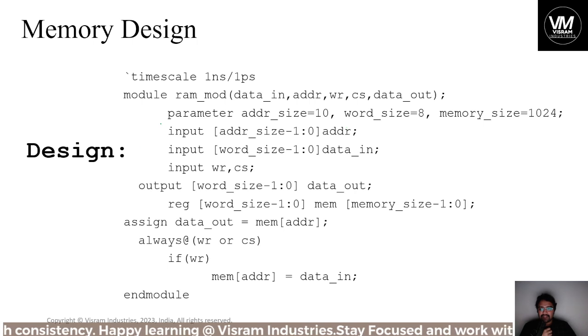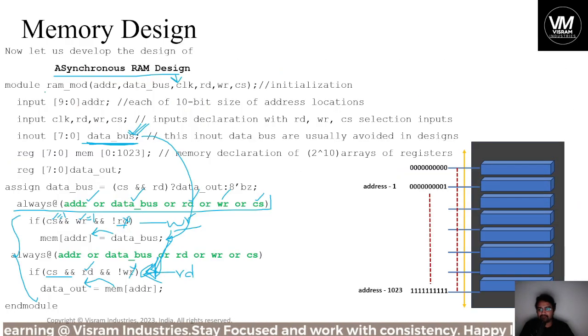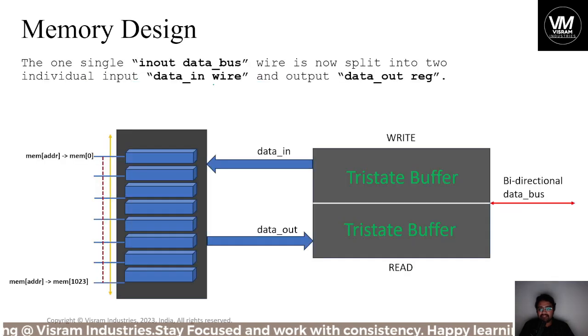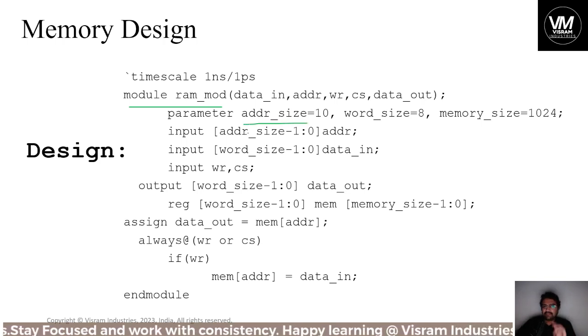Okay, so this is it, and let us go to the example of memory design with the same implementation as RAM underscore modeling. For this design, now we are implementing some set of parameters, such as address size. It is a typical representation in larger Verilog HDL codes.